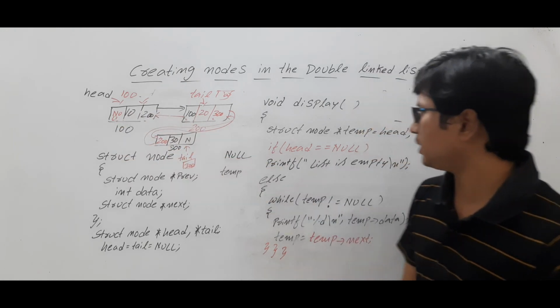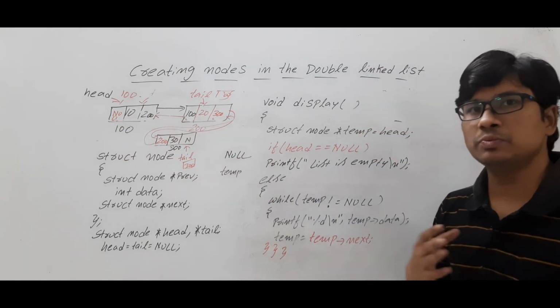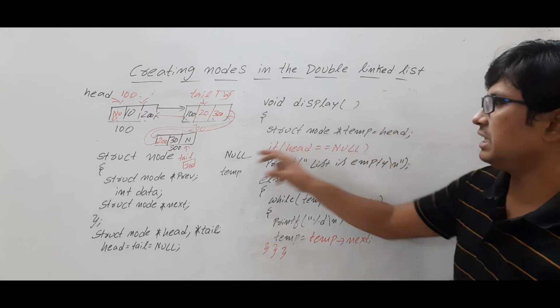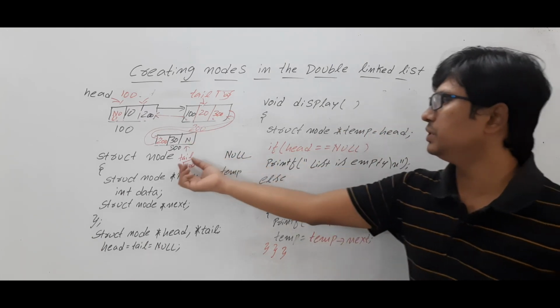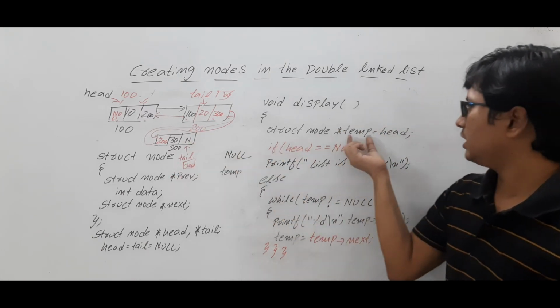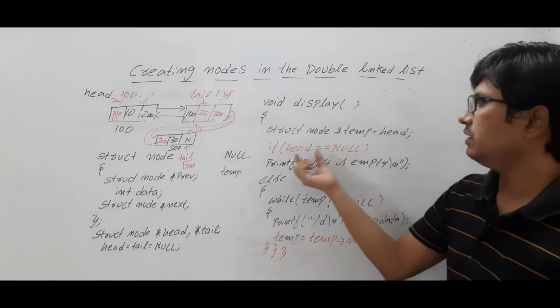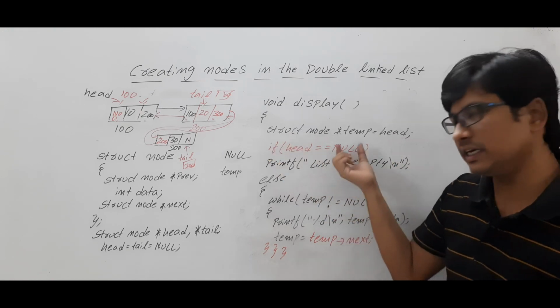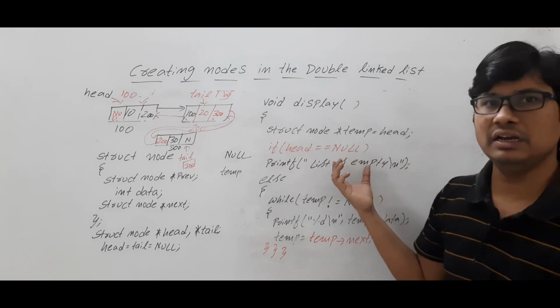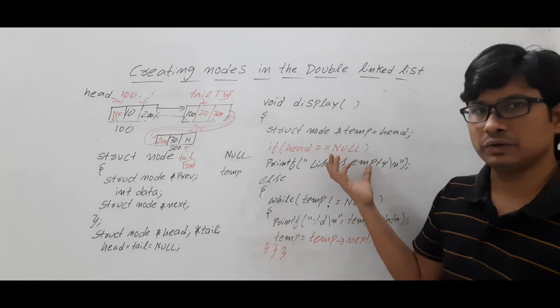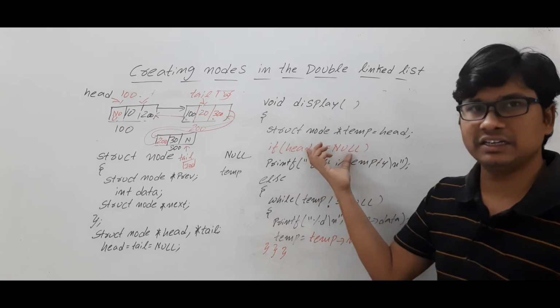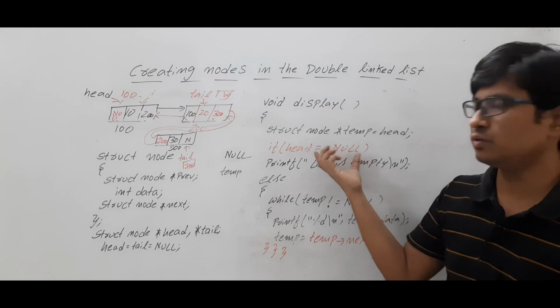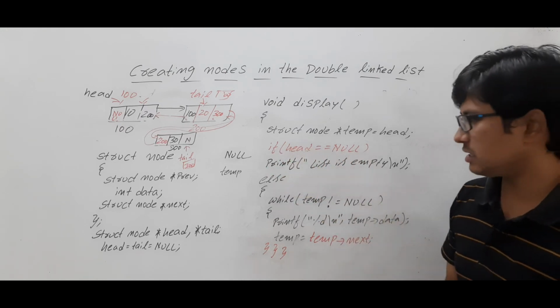So if you want to display in reverse order, you create a temp pointer and initialize it to tail. Temp is equal to tail. Then here you will check if head is equal to null, or rather, in place of head you can write tail. If tail is equal to null, then the list is empty.